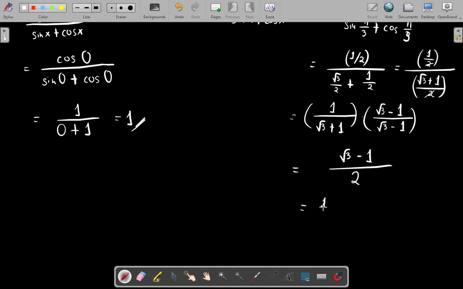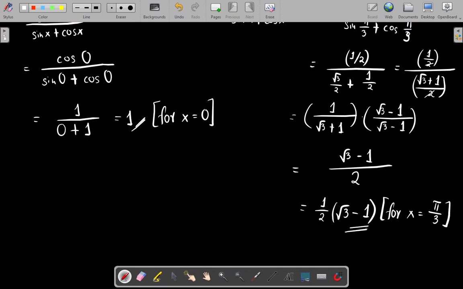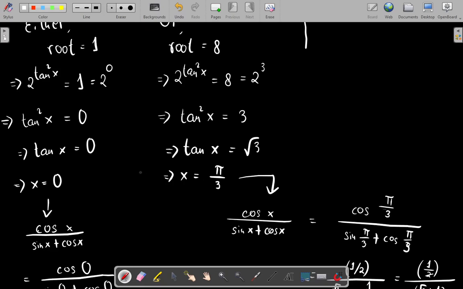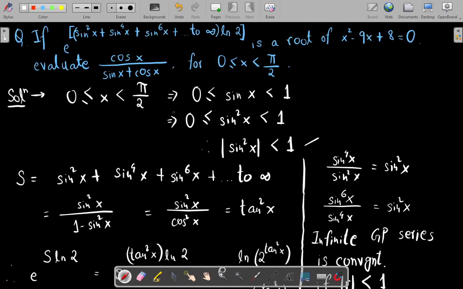So this is another value, half times (root 3 minus 1). The value 1 we get for x equal to 0, and this value we get for x equal to pi by 3. So we get two values of cos x upon sin x plus cos x, because we get two values of x: 0 and pi by 3.